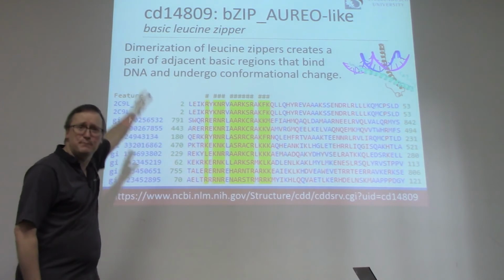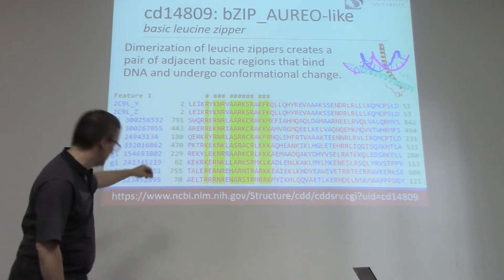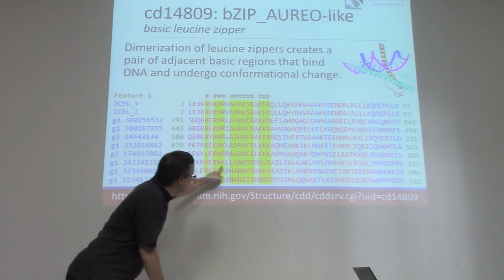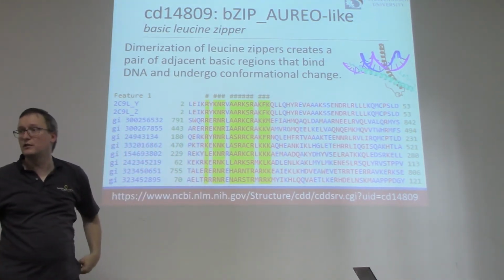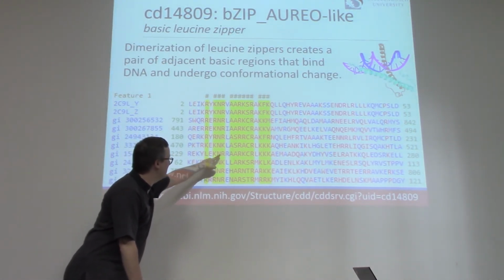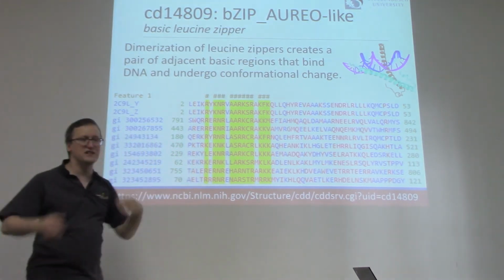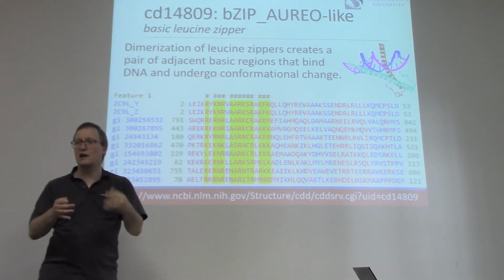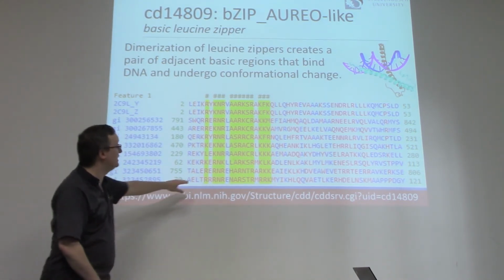If we look at many, many examples of leucine zippers in the protein sequences we've got, we find that this particular sequence motif is very frequently found. And we believe that these basic residues, lysine, arginine, I think there may be a histidine here somewhere, but generally these R's and K's are part of this basic region within the protein that interacts with DNA.